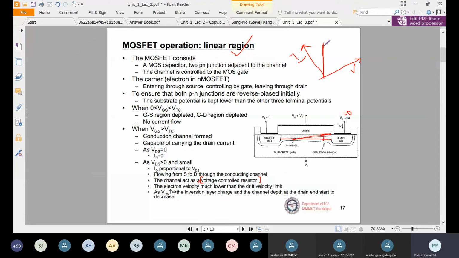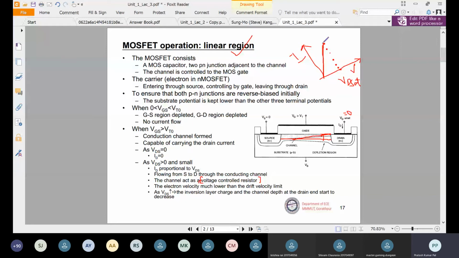And at the point where, if this is the point of VD set, so this is your VD set. At this VD set point, the linear property of the current will not be shown beyond this point. So what happens after the VD set point? The current becomes constant.